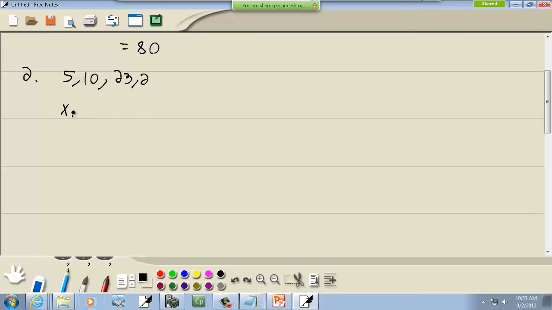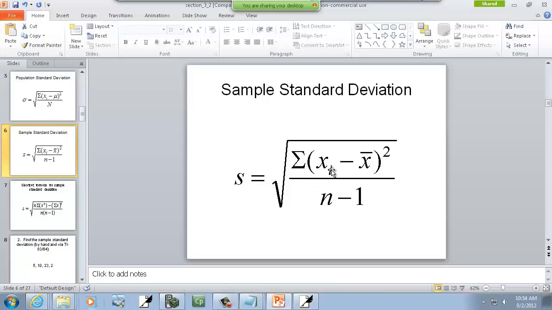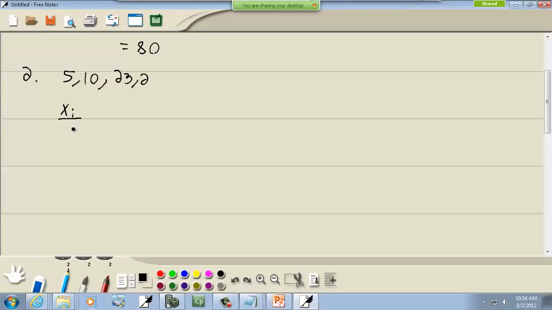So let's look at this one. First thing, our x values. The x sub i you see right here, the i represents that you could have 1, 2, 3, 4, however many data points. So we're going to have 5, 10, 23, and 2.